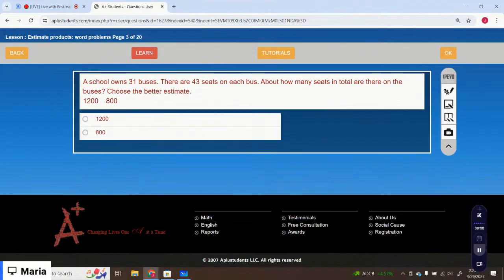A school owns 31 buses. There are 43 seats on each bus. How many seats in total are there on the buses?